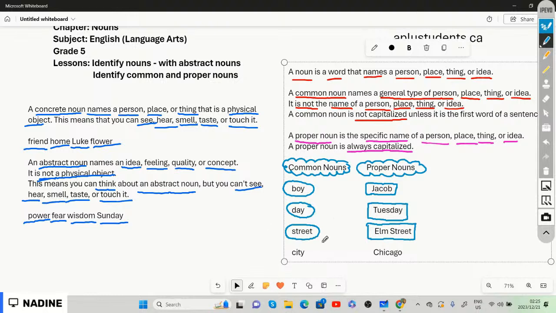Or it's like saying I'm going to another city. This can be any city. Can be any city in any province, in any state, any city in any country, in any continent. But if you're specifically saying where you are going, which is the proper noun, it's like saying I am going to Chicago.